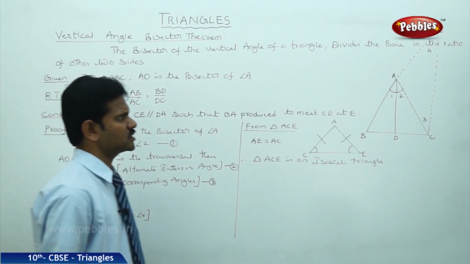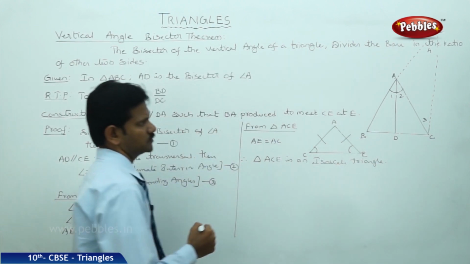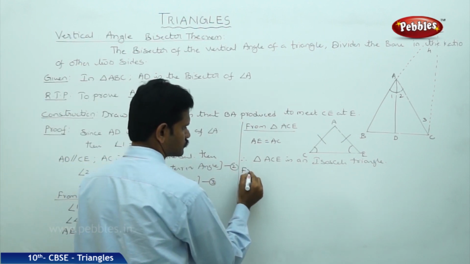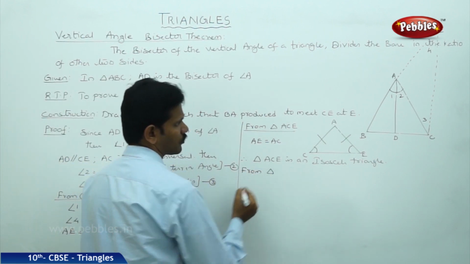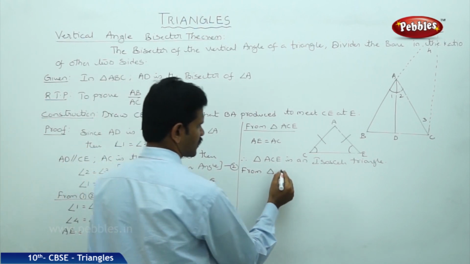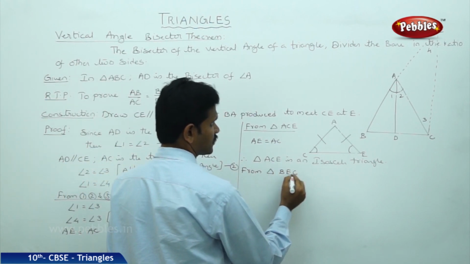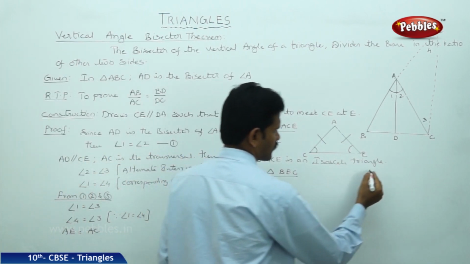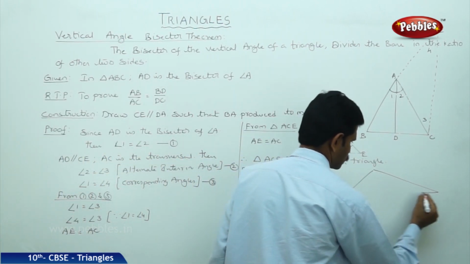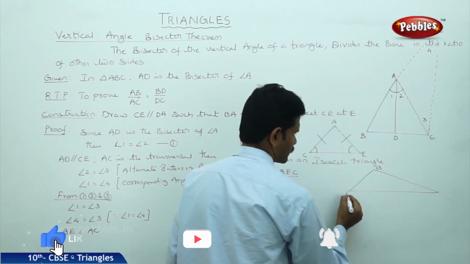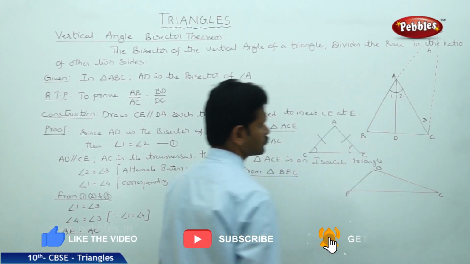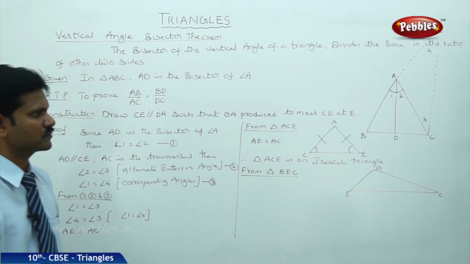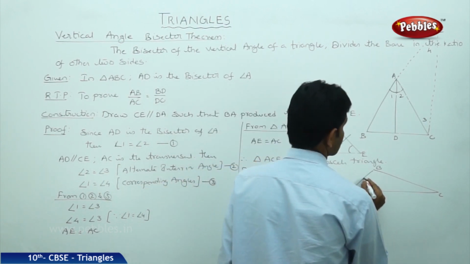Now, let us consider another part, that is, from triangle BEC. AD is parallel to CE. AD is parallel to CE.